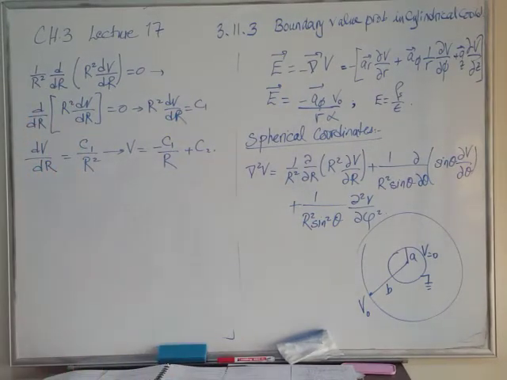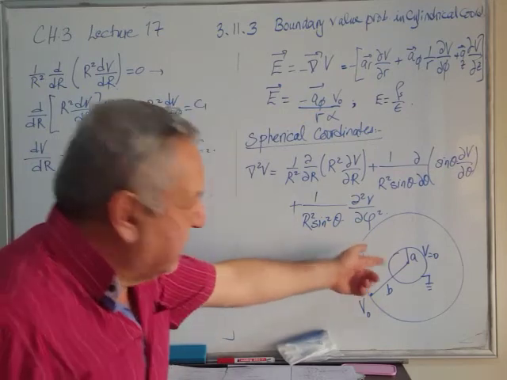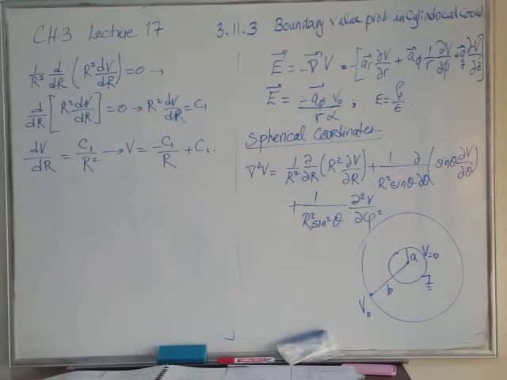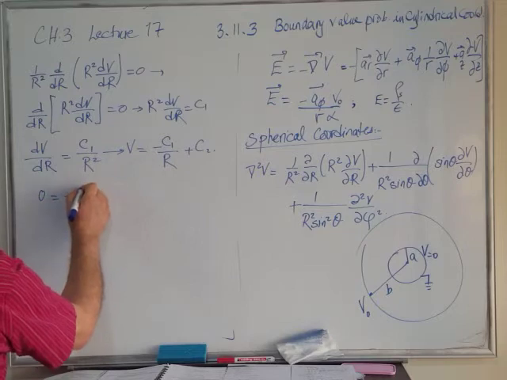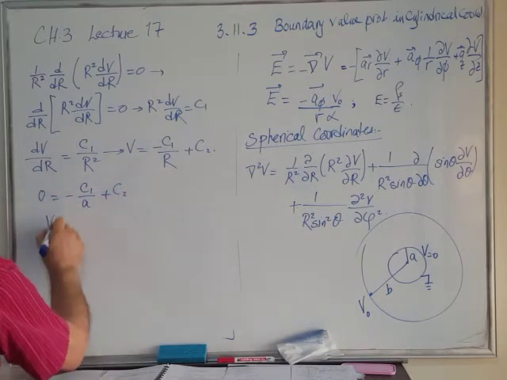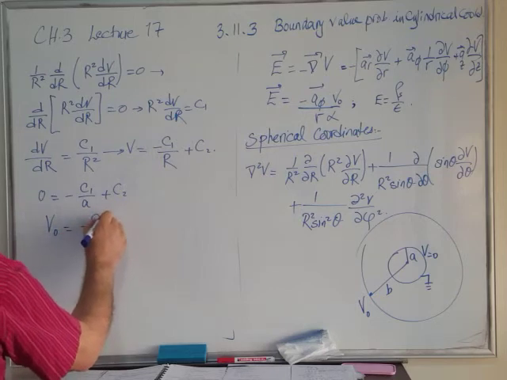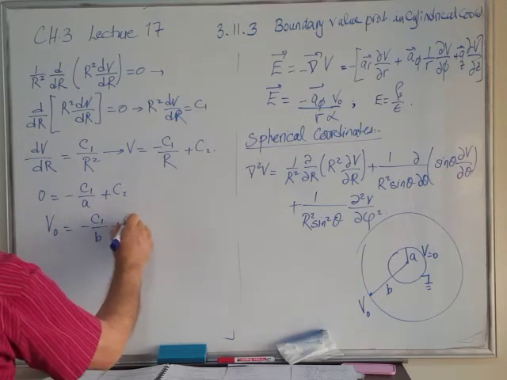Now, in terms of the radii and the values of the potentials at both sides, you can find c1 and c2. In this particular case, V equals 0 at r equals a, so 0 equals minus c1 over a plus c2, and V0 is minus c1 over b plus c2.